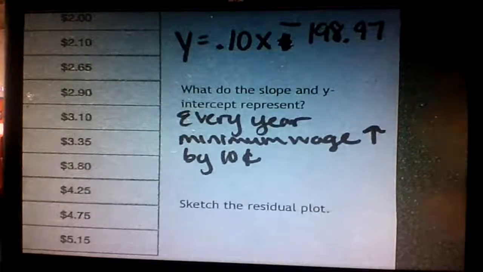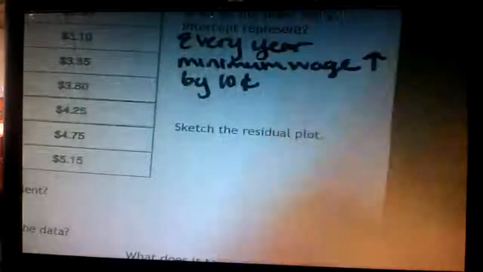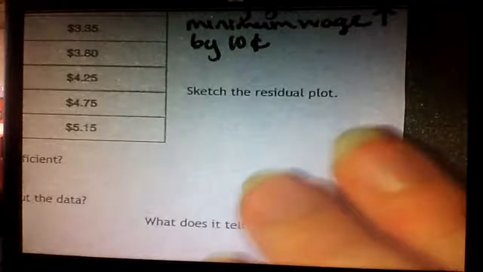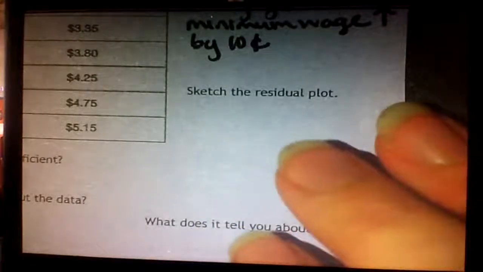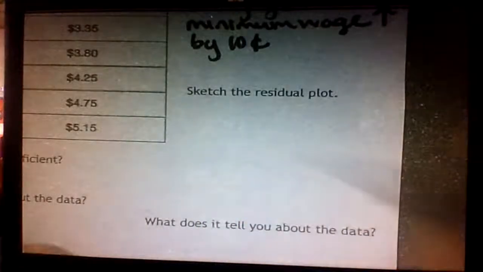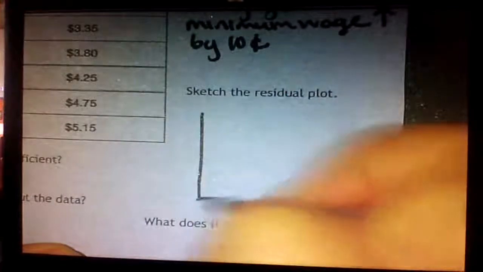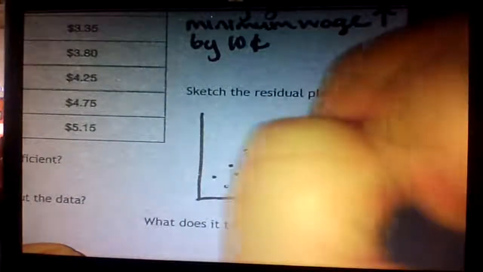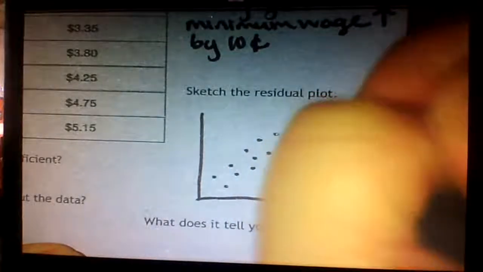Okay. It says sketch the residual plot. You just told me that my slope is increasing, correct? So your residual plot's going to look something with a positive slope.